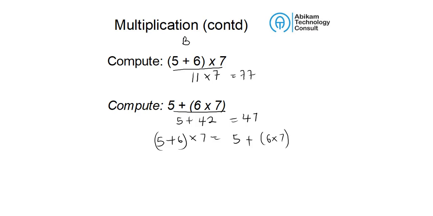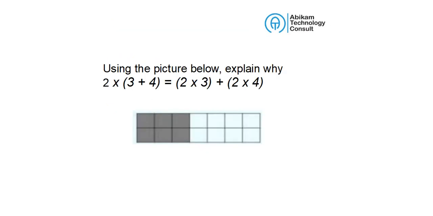All right, so let's see this. This is also another concept. We can see that it does not hold for different signs. But do we have something of this nature? Look at what we have here. 2 multiplied by 3 plus 4. Is it the same thing as 2 times 3 plus 2 times 4?